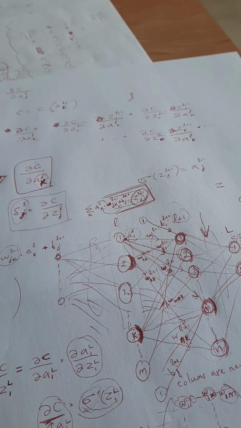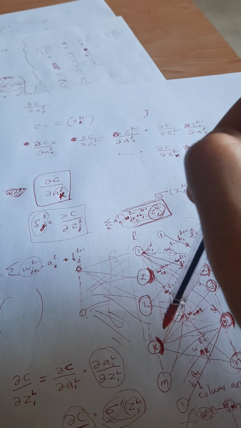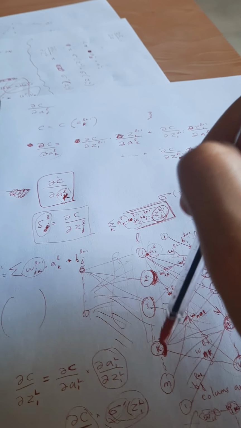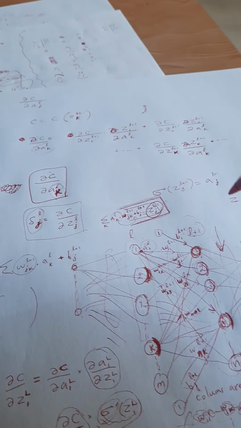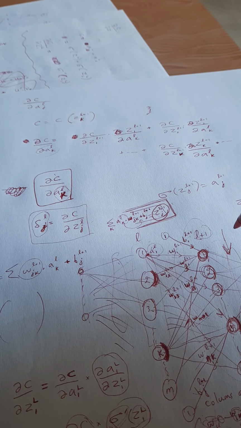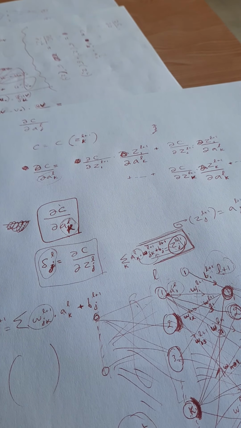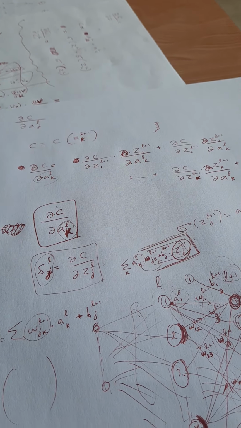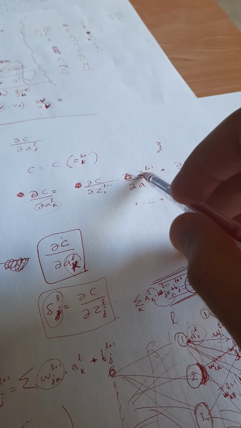Okay, now we are relating the partial, the error here, for example, with all the errors here. Now, I'm not very comfortable with this partial derivative of z over a.